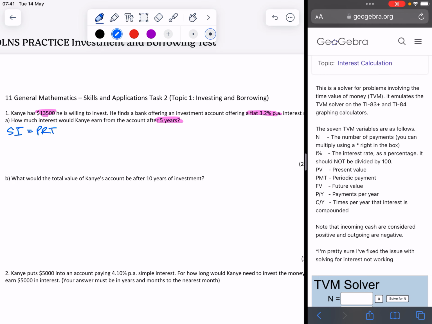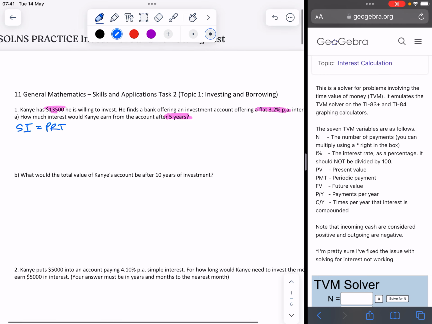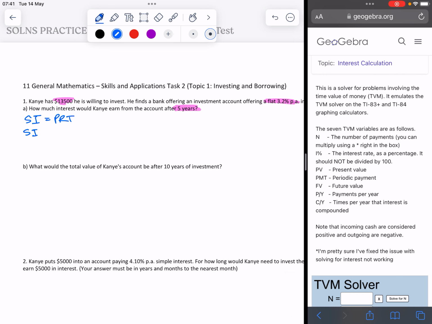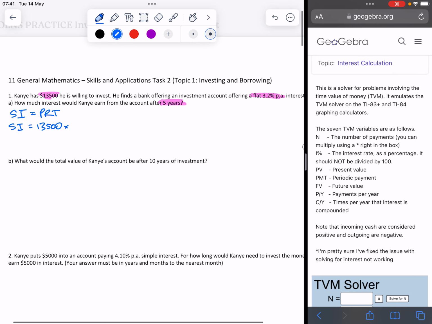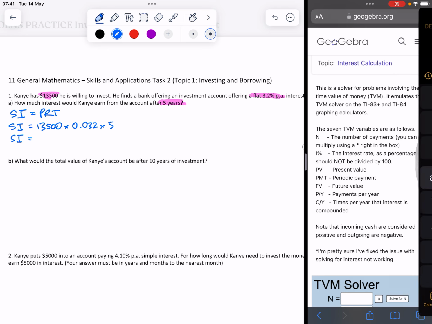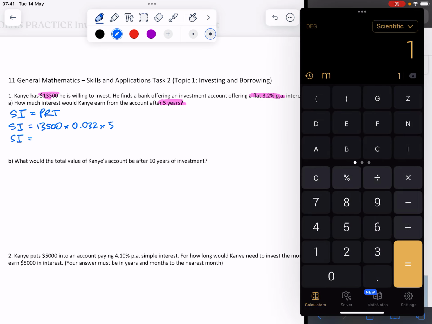SI equals the principal, 13,500, times the rate as a decimal, 0.032, times the time in years, 5. 13,500 times 0.032 times 5 is $2160 interest from the account after 5 years.